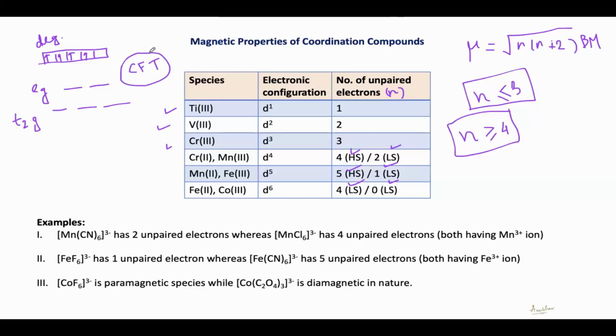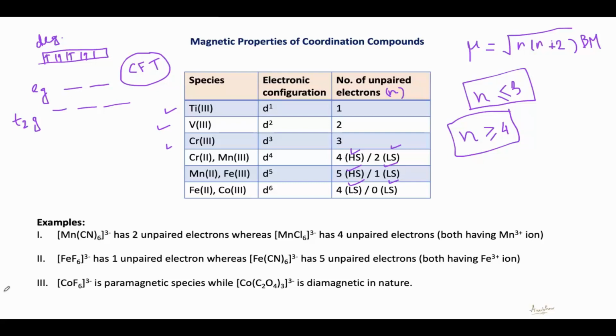But to understand the magnetism of coordination compounds, the basics of crystal field theory have to be brought here. The T2g is a set of 3 degenerate orbitals, and Eg is a set of 2 degenerate orbitals.